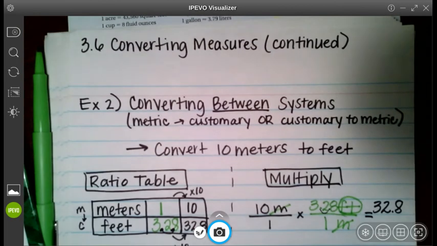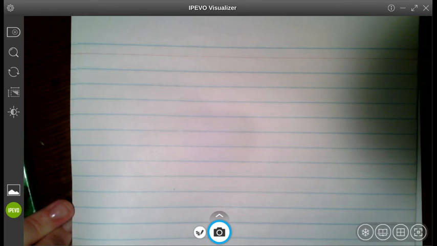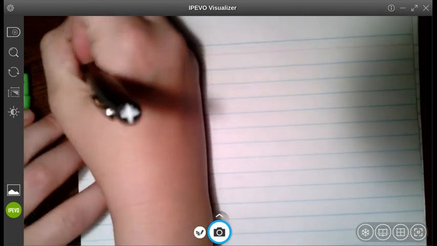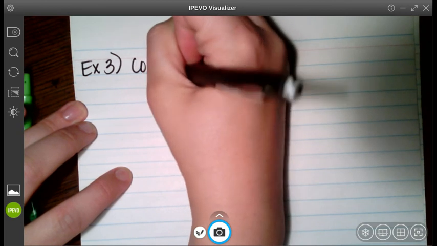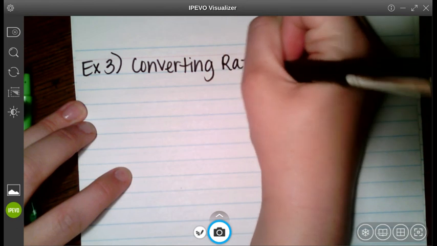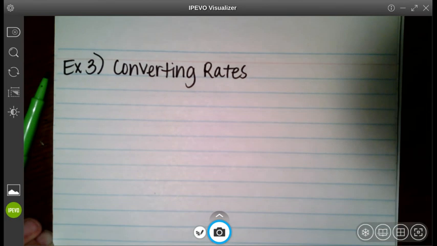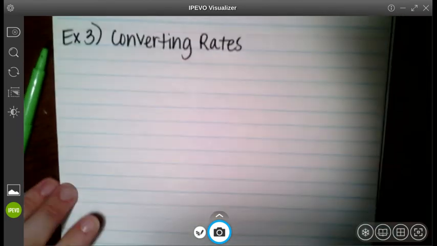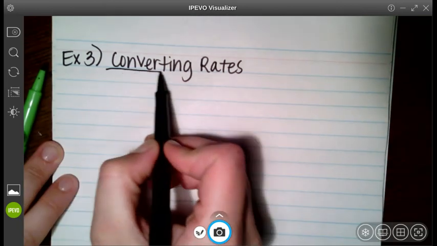Okay, you may also come across converting rates. This is example 3. In these cases, when we convert rates, we're given a rate that has 2 units of measure, but only one of them is changing.